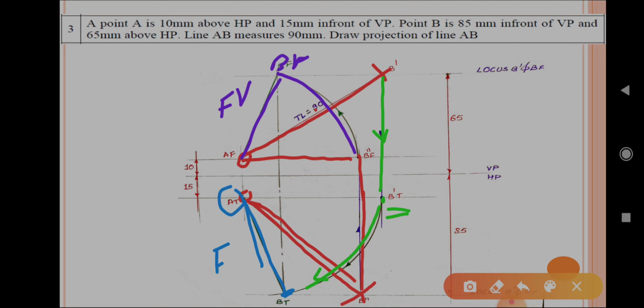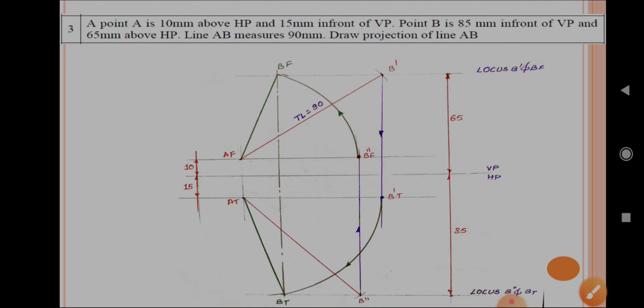When we connect, we get the top view. So finally we complete the projection, and we get the true inclinations theta, phi, and the apparent inclinations alpha, beta.